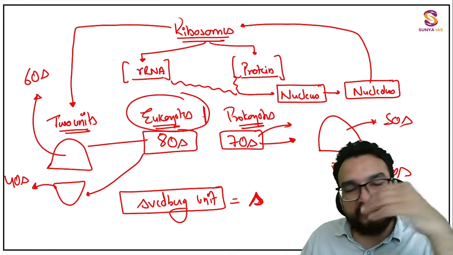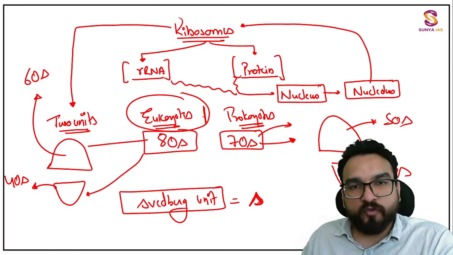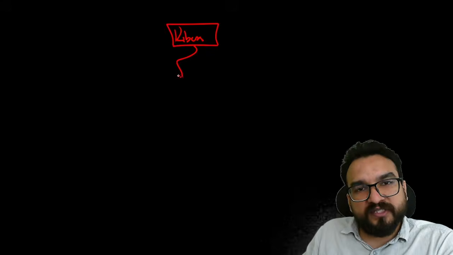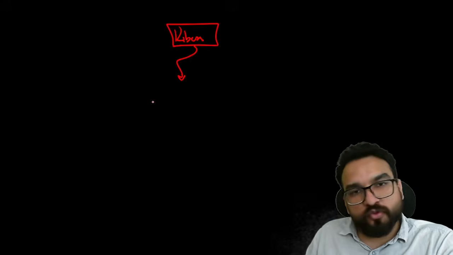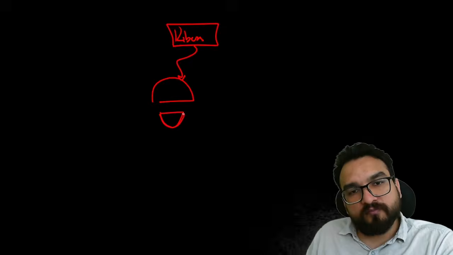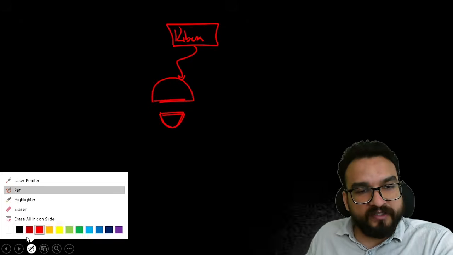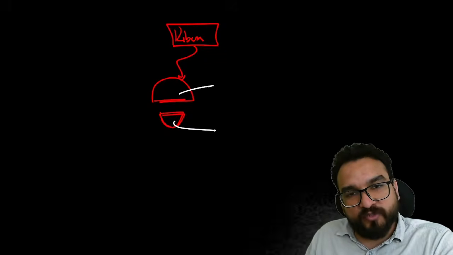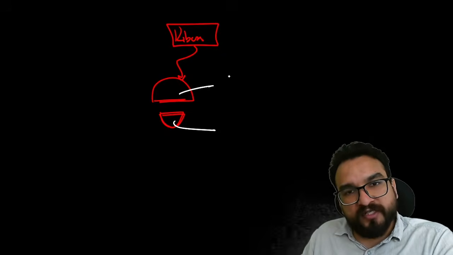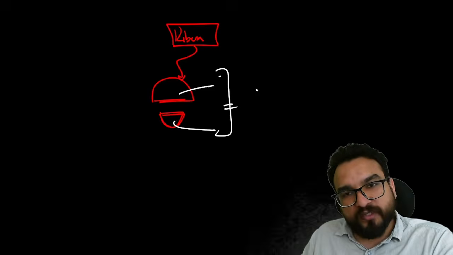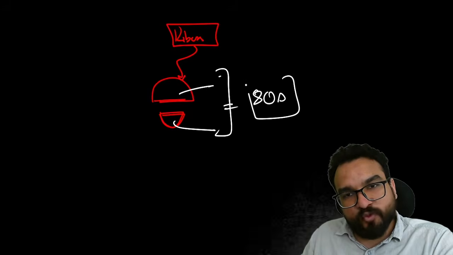Understanding? Simply understand that this ribosome is a two-unit structure containing a larger subunit and a smaller subunit. First keep in mind that eukaryotes have 80S.